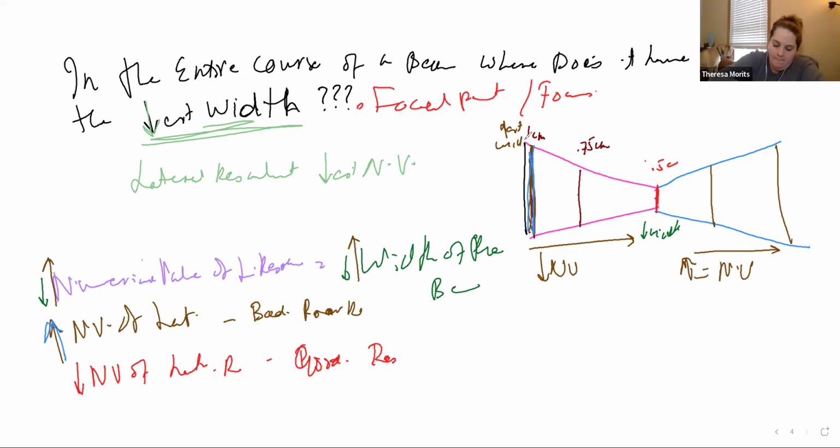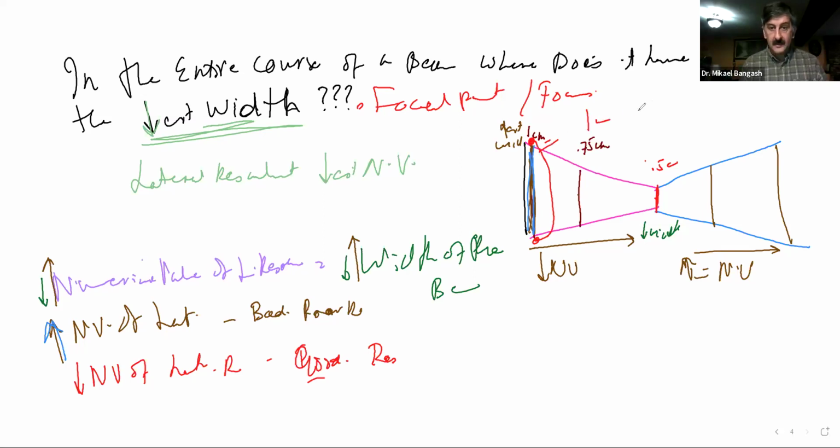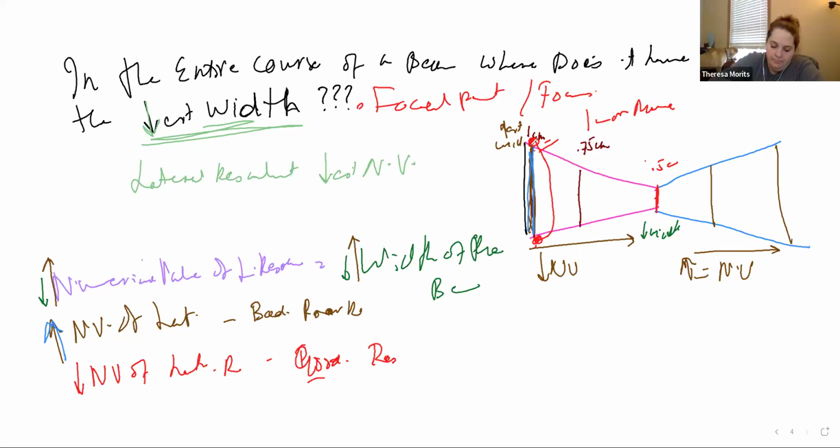That will mainly mean that if, for instance, at this point here, we want to have a good resolution, the distance between this structure here and this structure here has to be 1 centimeter or more than 1 centimeter apart from one another for us to be able to see them as two separate structures. Did that make sense?